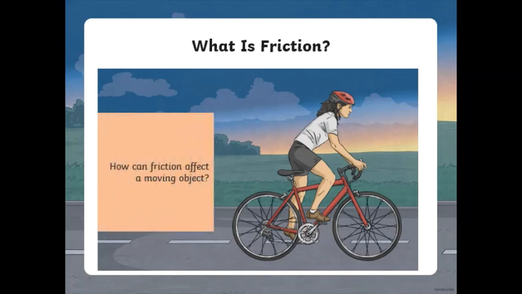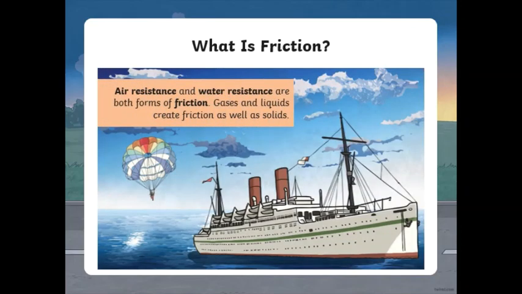How can friction affect a moving object? We've already learned about air resistance and water resistance in the previous lessons, and they both are forms of friction. Gases and liquids create friction as well as solids.